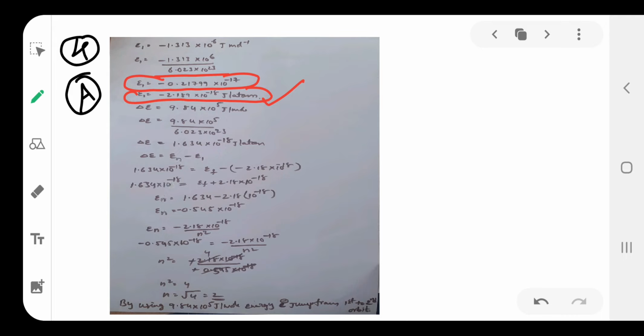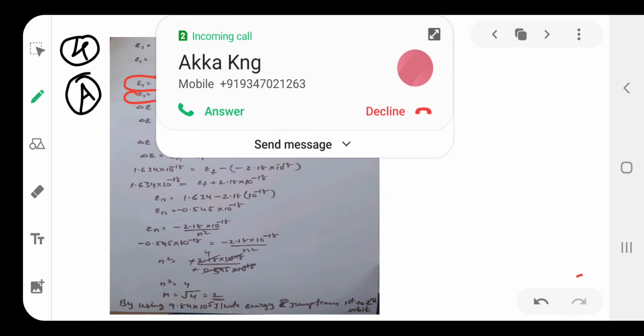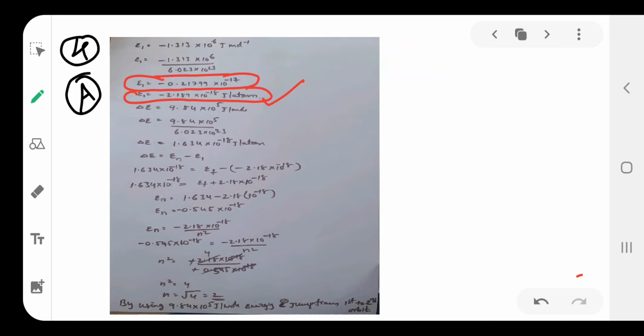The next is the extra 9.84 into 10 power 5 joule per mole of energy added to the ground state orbit. Then the electron jumps from one orbit to another. So here also, the extra energy in joule per mole is converted into joule per atom.